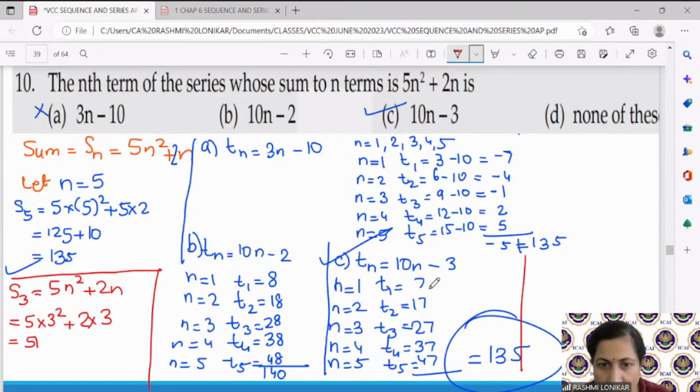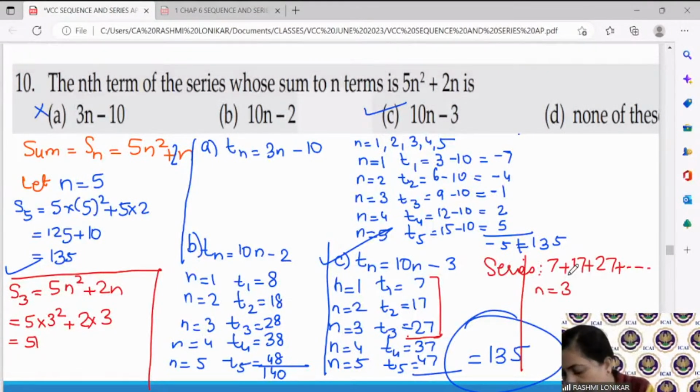Now here I have S1, S2 and S3. So let me take the sum, because my series is what? My correct series is 7 plus 17 plus 27 and so on. Because I have taken n as 3, how much is this? 7 plus 17 plus 27 is also equal to 51.